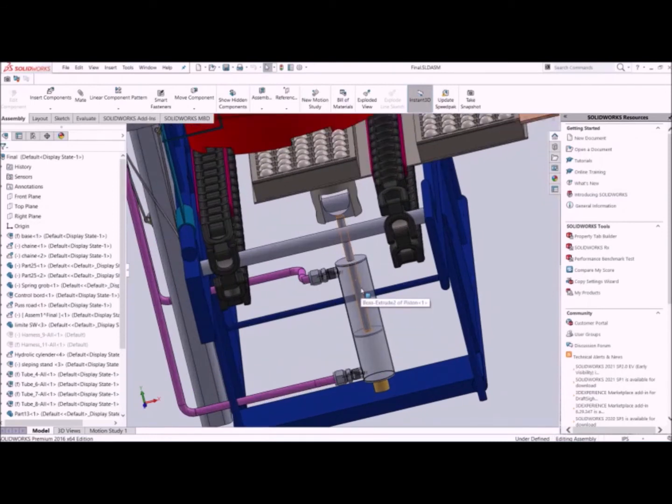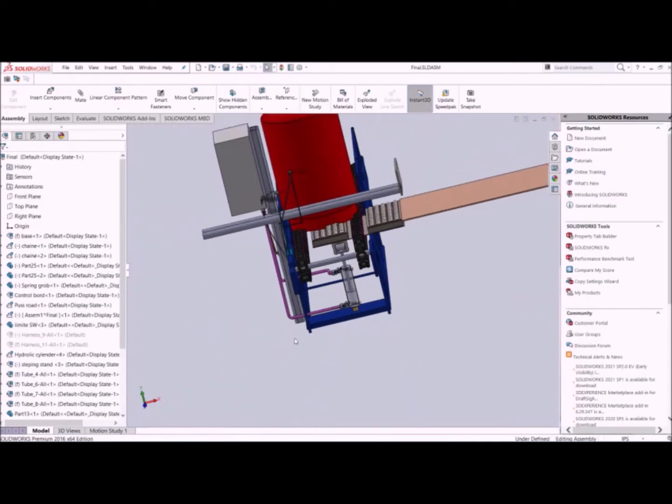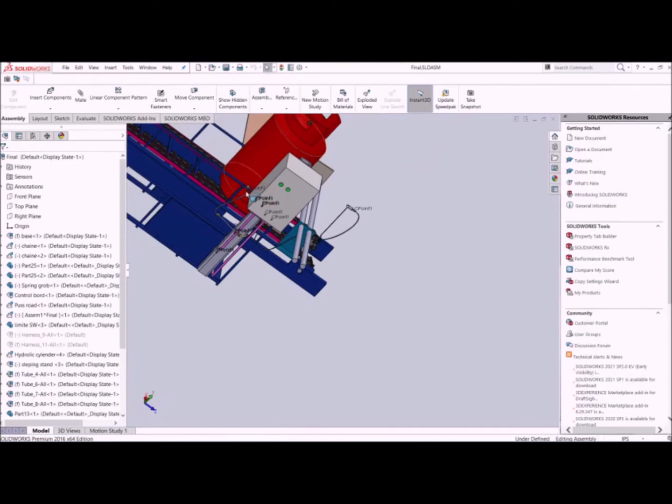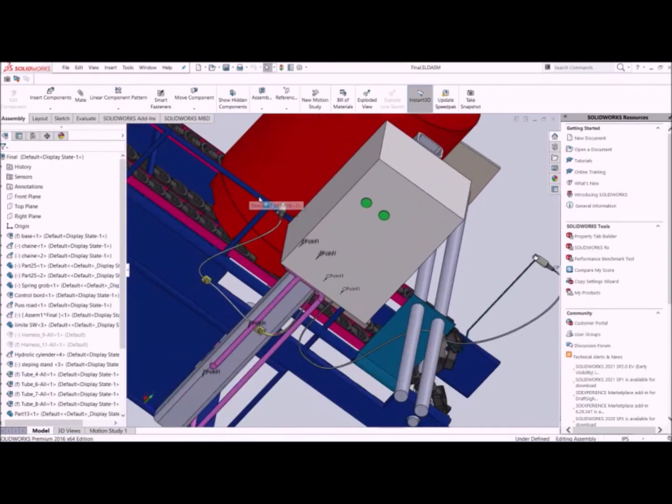For that, the piston will go down and the sliding stand will go down 1 inch. Then the cylinder will be free to go.